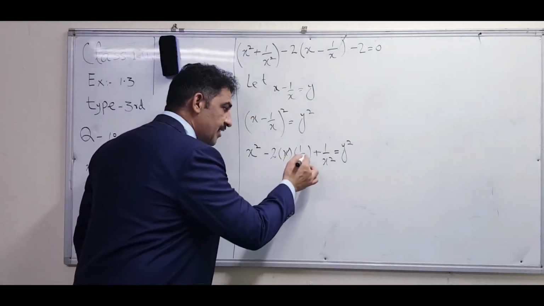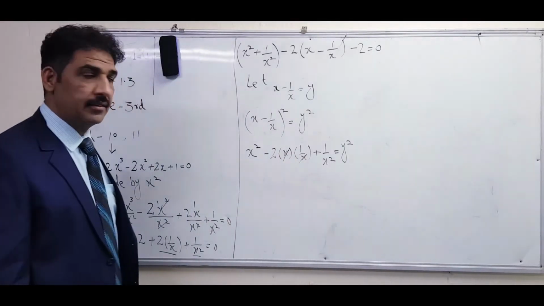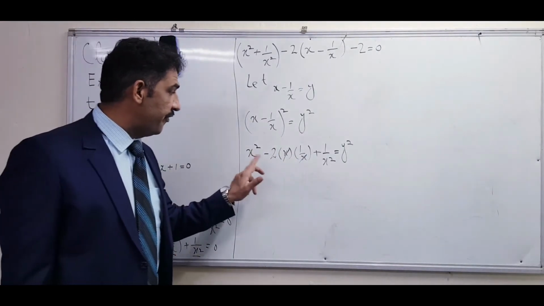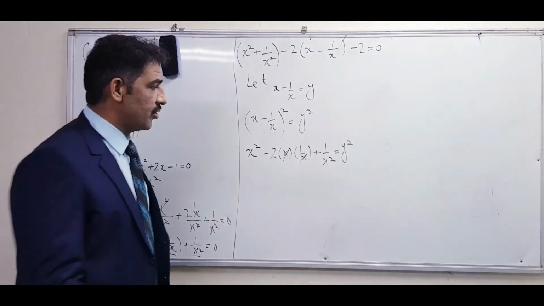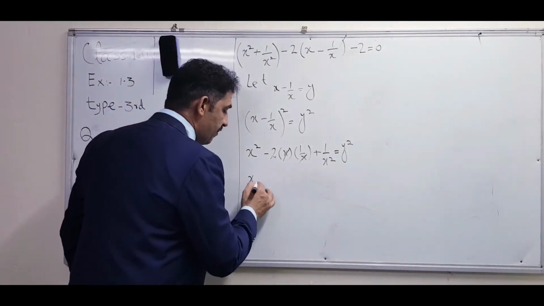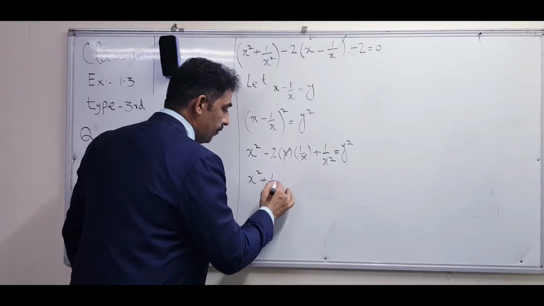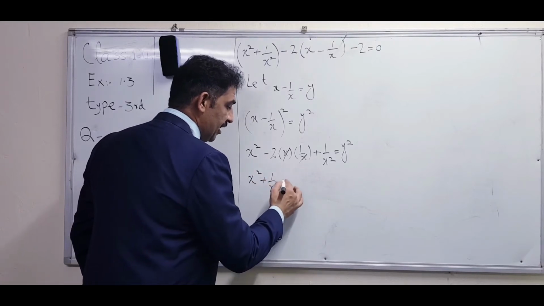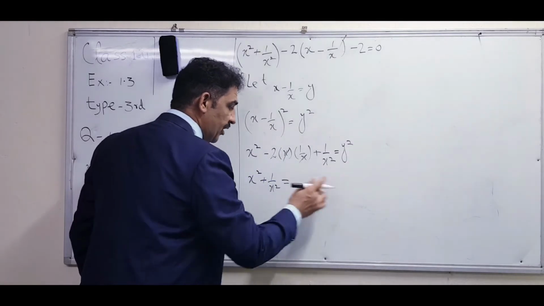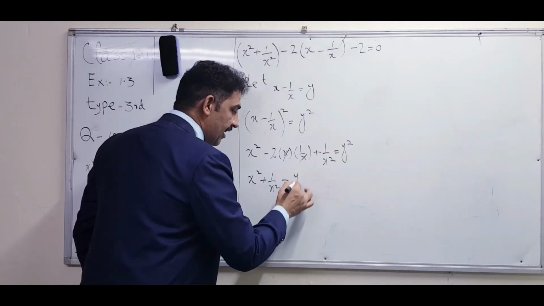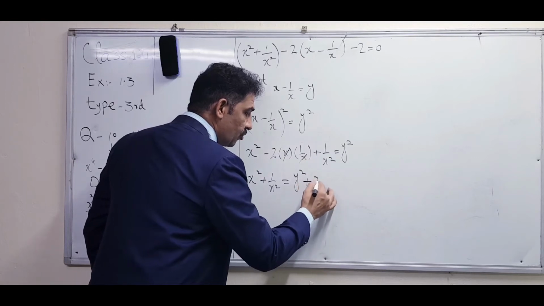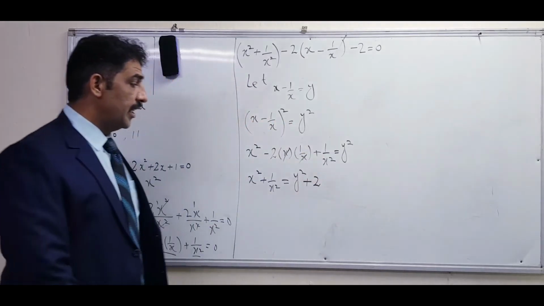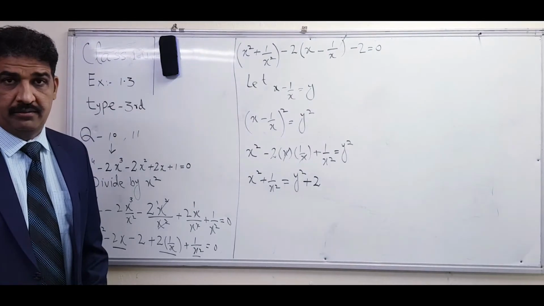This x and x will cancel. If I shift minus 2 to the other side, it becomes plus 2. What's remaining here? x square plus 1 over x square remains on the left hand side, and minus 2 shifted to the other side becomes plus 2 with y square. Why do we do this?